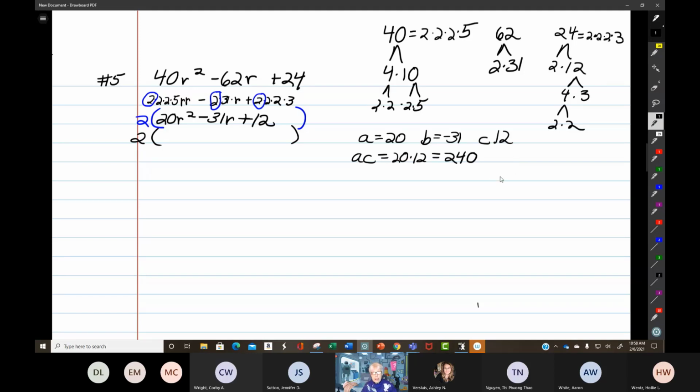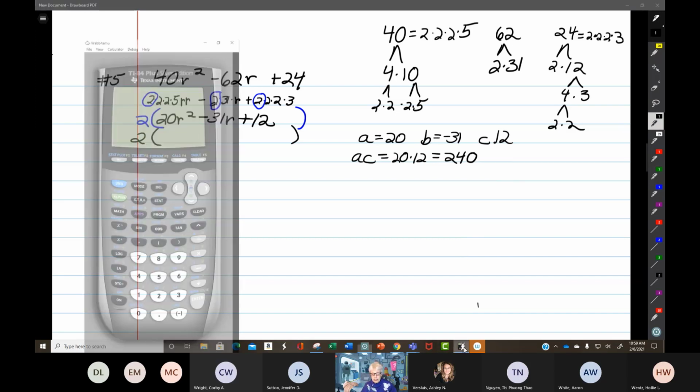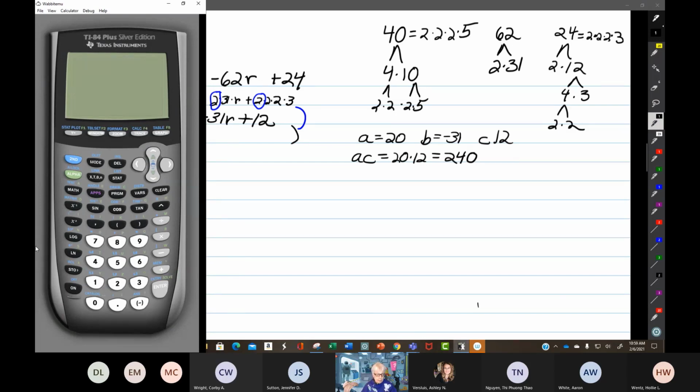Okay, it's time to learn a calculator technique that makes this a little easier when your numbers get so big you really don't want to do them by hand. Here it is. Take notes. Go to y equals.